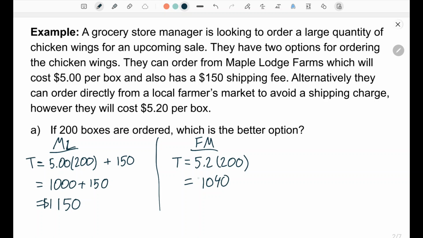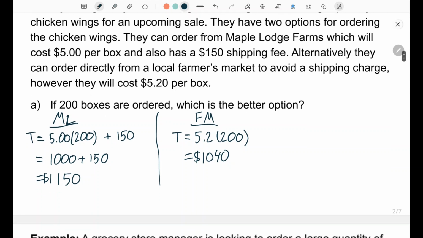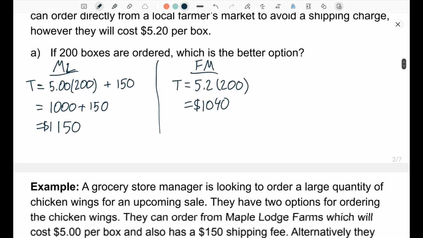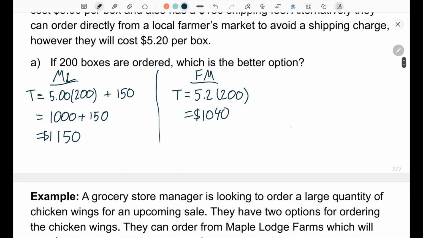So the farmer's market would be the better option in this case. All right. What if we ordered more boxes? Would that change? I'll just say farmer's market is the better option.